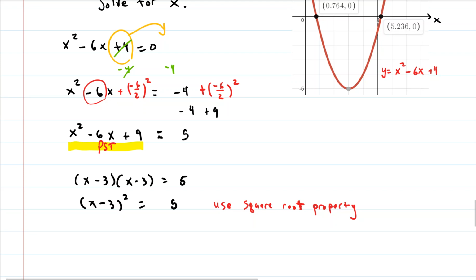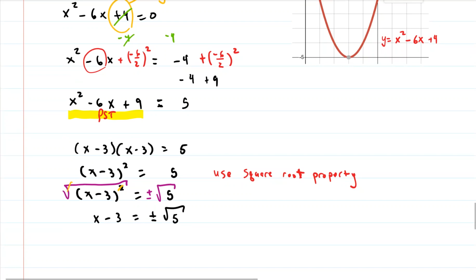Really what it means is you take your function, I'm going to copy and paste here, and you take the square root of both sides. And you've got to have a plus or minus on one of those sides. So lucky for us, the square root and the square cancel. That's the whole point. And we have x minus 3 equals plus or minus root 5.